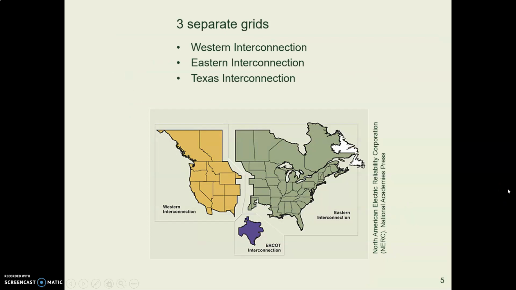There are 3 subdivisions in North America. We are in the Western interconnection, and you notice that includes the US and Canada. There is an Eastern interconnection, and then Texas is so big that it has its own grid. So there are 3 basic interconnection grids in North America.